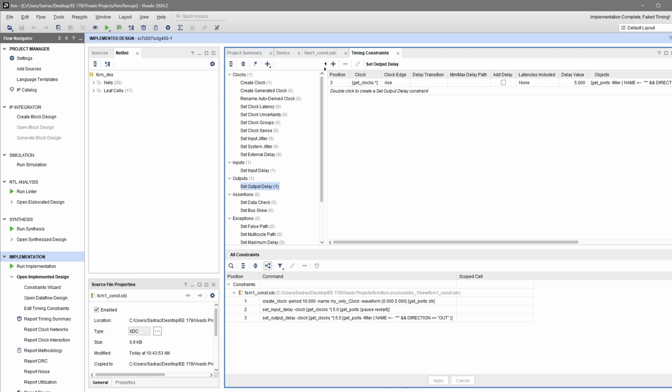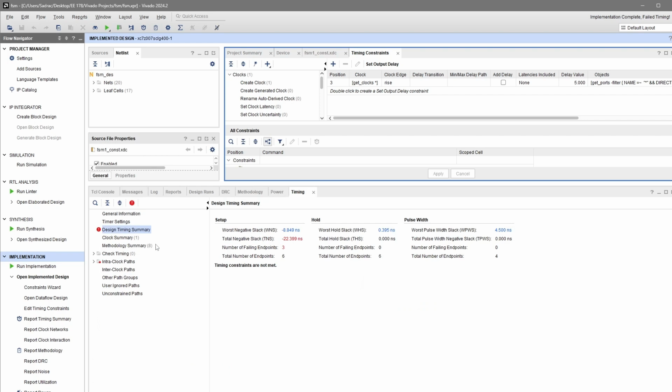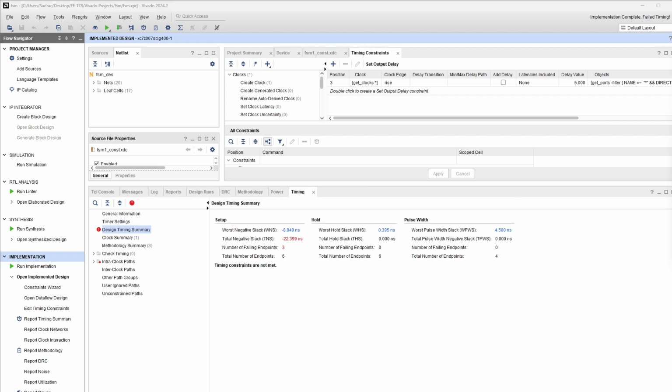All right, looking at the timing summary after implementing our design, we would see that we get a WNS value of 8.849, right?